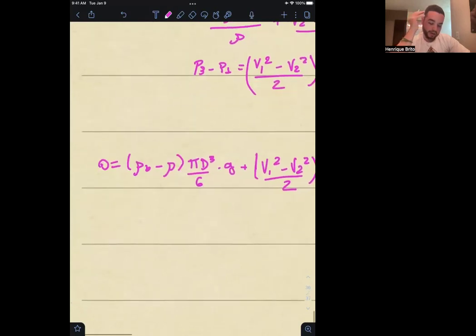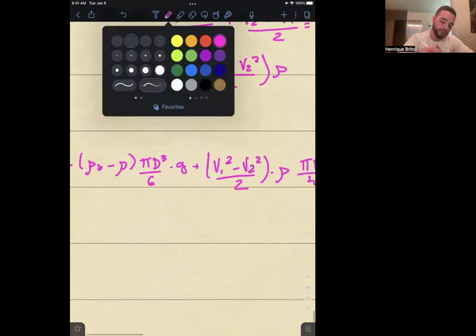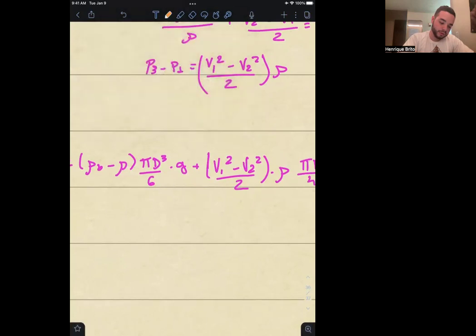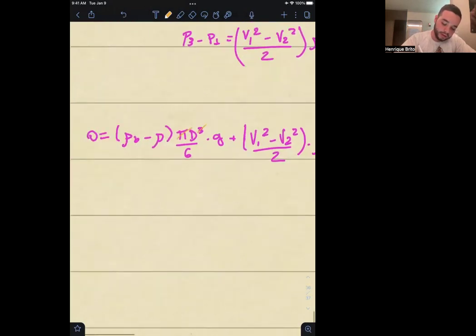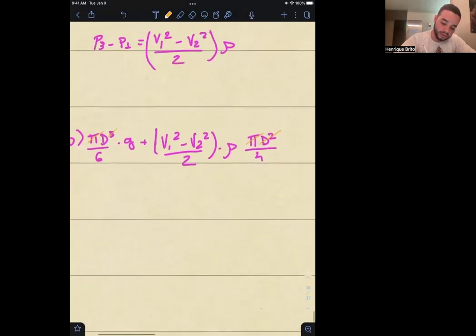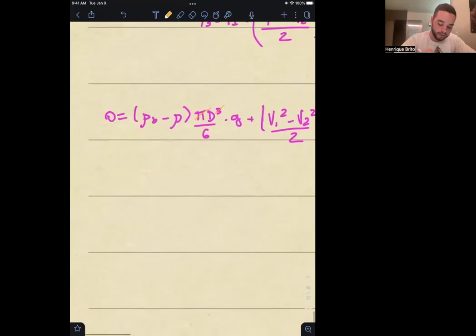Next thing, as you can notice, is that we can simplify a couple of things in this problem. So let's go ahead and do that. First, this is gone, pi is gone, and we're going to leave the fractions on there for now.